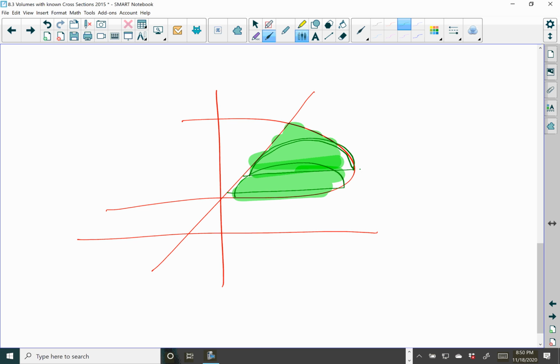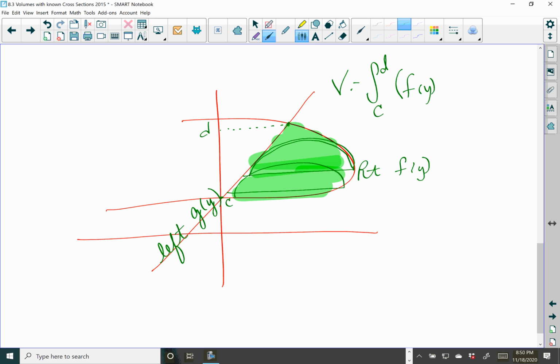And in this case, I'm going to want to go right function, which I'll call f of y, and then left function, which I'm going to call g of y. I'm going to have an intersection point of d and an intersection point of c. And that will give me a function that goes c to d of f of y minus g of y, right minus left, quantity squared dy.